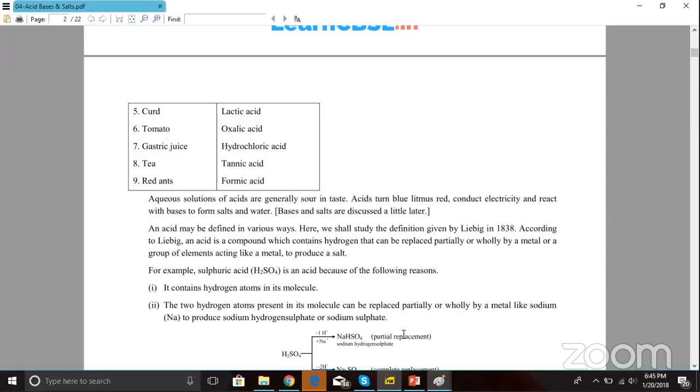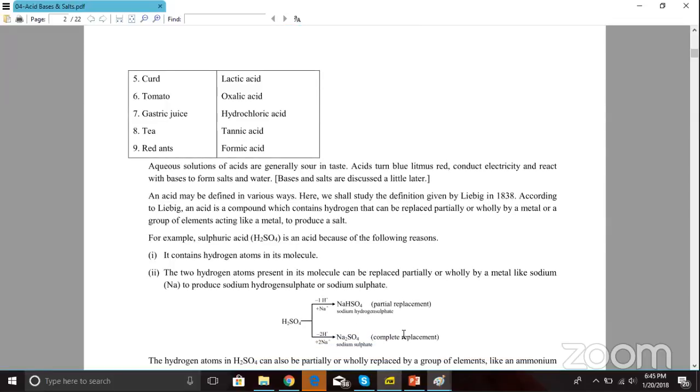We can define an acid in many ways. An acid is a compound which contains hydrogen. For example, HCl, sulfuric acid, nitric acid, any acid: all contain hydrogen, H+ in it, so we call it an acid. Whether it gives H+ completely or partially depends upon the strength of the acid.